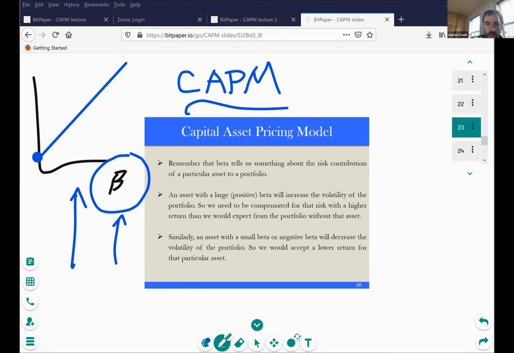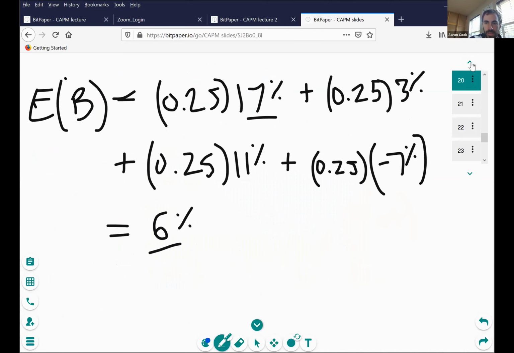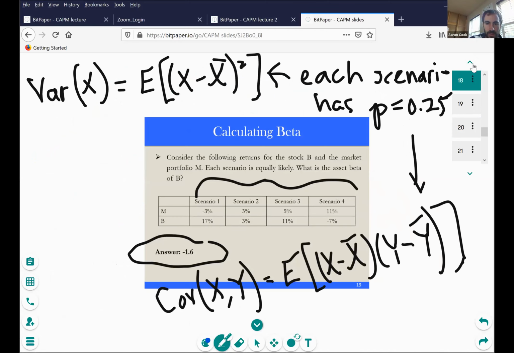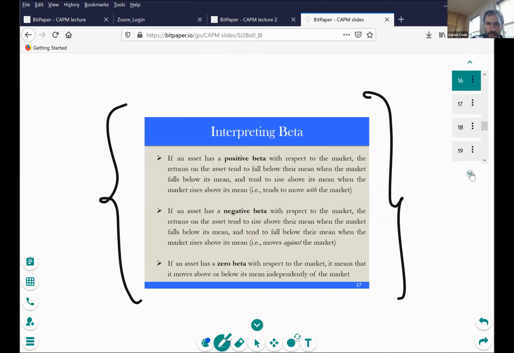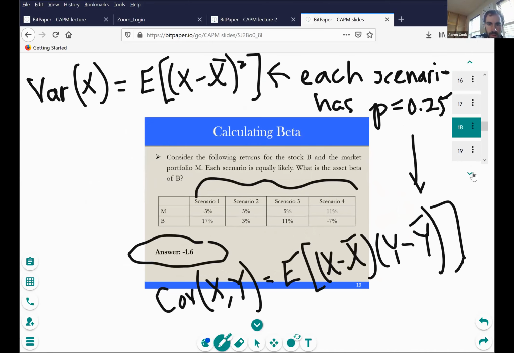Yeah, so Seamus asked a good question about using the sample variance. Absolutely use the sample variance if you don't know exactly what the probabilities of the contingencies are. The key assumption we made here is that each scenario is equally likely. And so that was assuming that we already knew what the probabilities are.